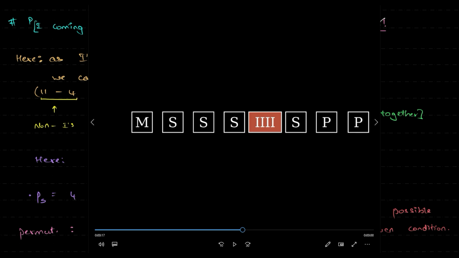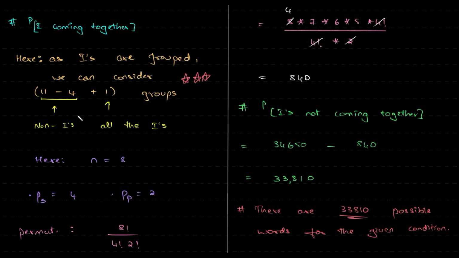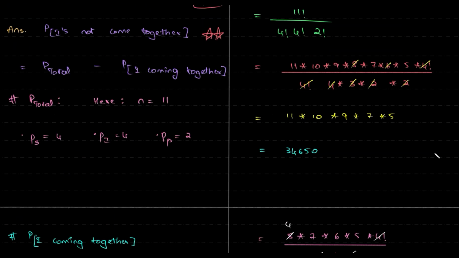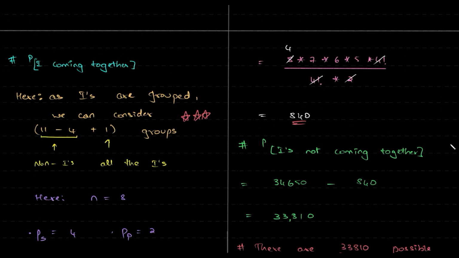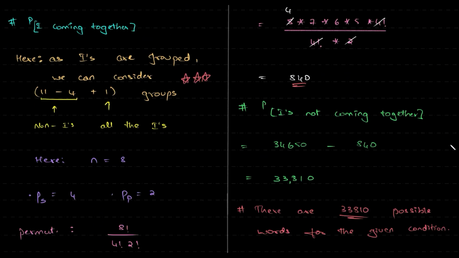So every possibility will be considered with this particular calculation, and there are 840 of them. And subtracting those two, we'll get the answer. Okay, so now you can pause and have a look at the answer. And do write that example which I mentioned initially, so that you have a basic idea of what the question is about.